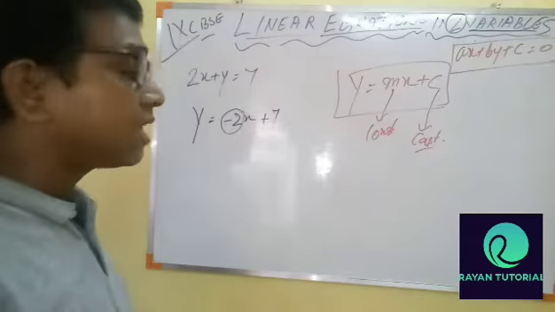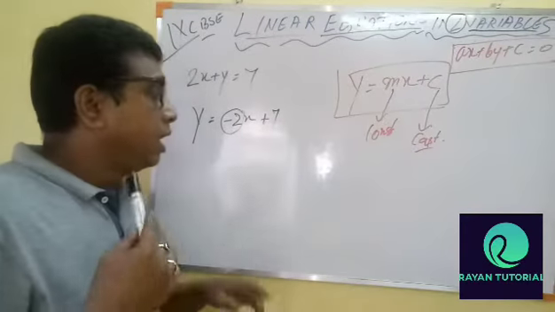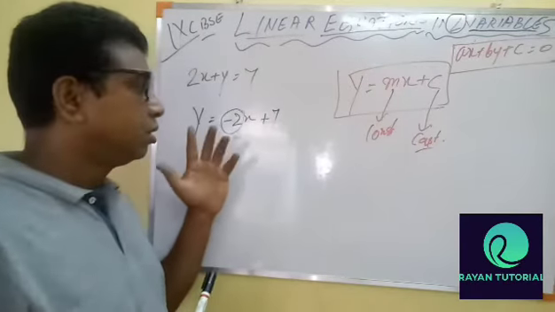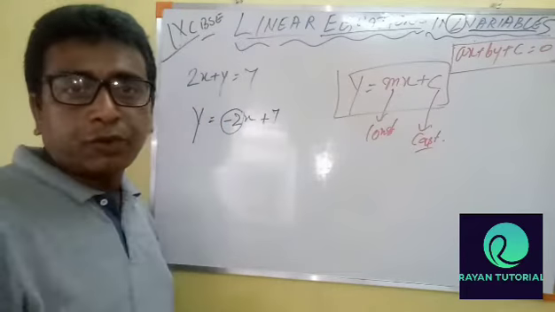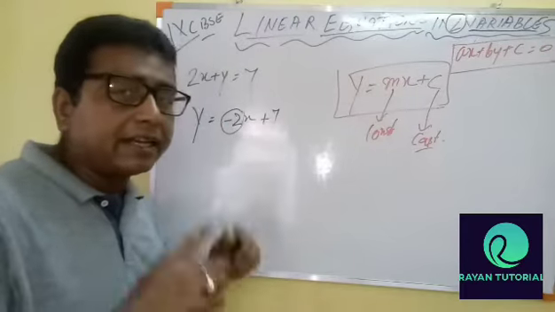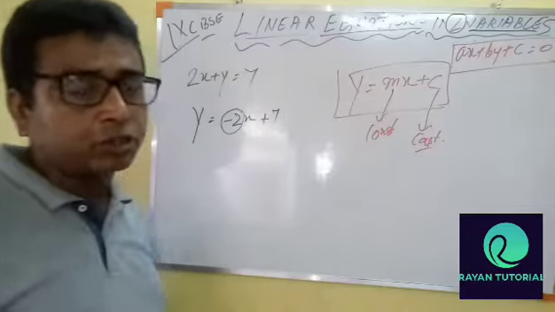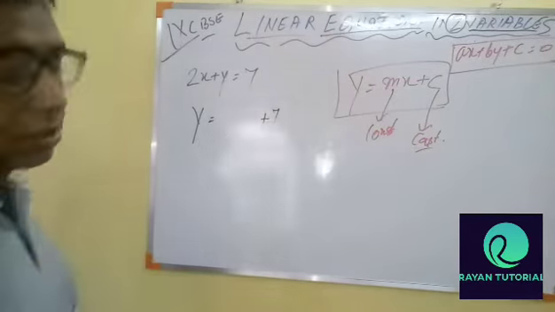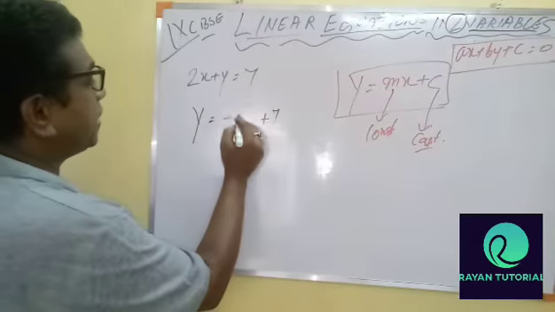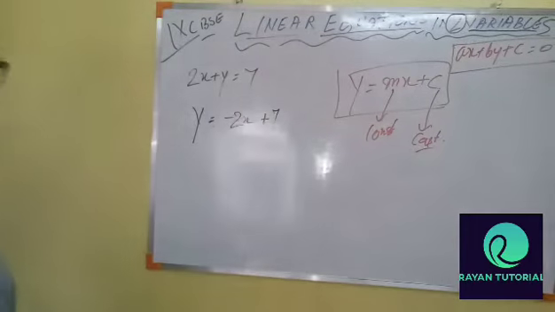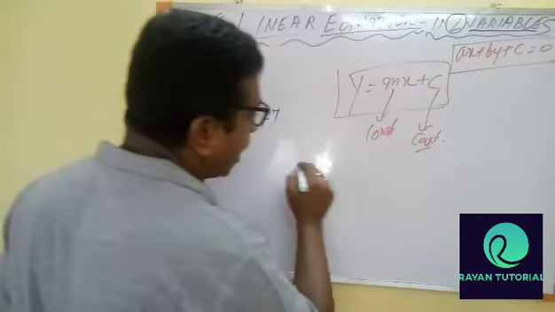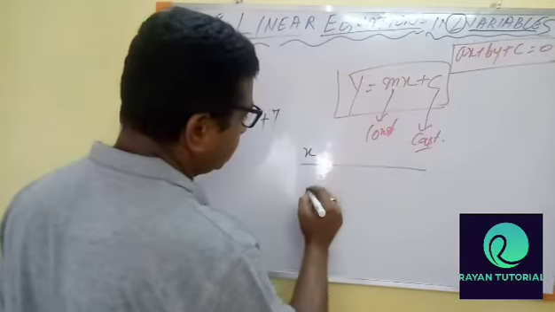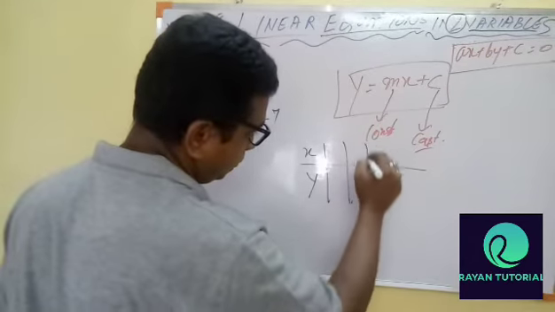Why we should do in this line? First of all, to find out the solutions, it will be easier for us. Second, in the graph, I will tell you one more thing. Okay, now we got this one, right? So y is equals to minus 2x plus 7. Now make a column like this, x, y.